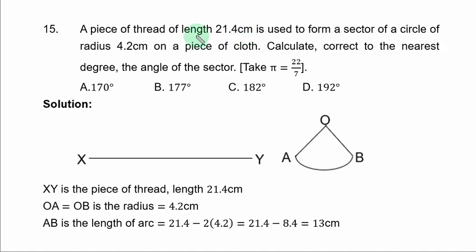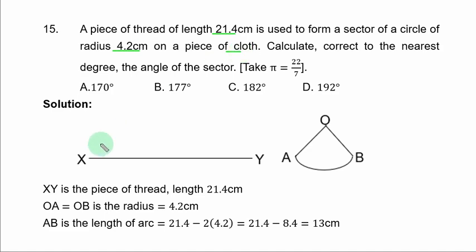Question 15. A piece of thread of length 21.4 cm is used to form a sector of a circle of radius 4.2 cm on a piece of cloth. Calculate, correct to the nearest degree, the angle of the sector.